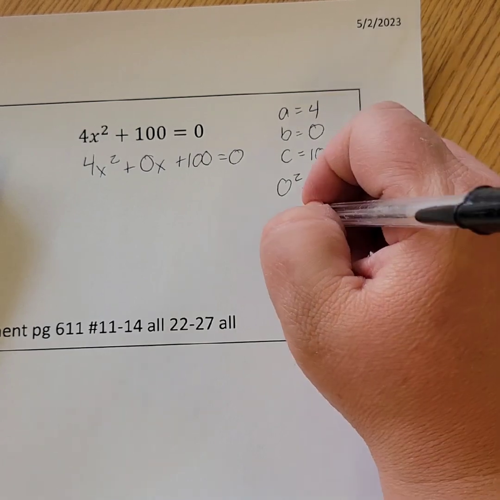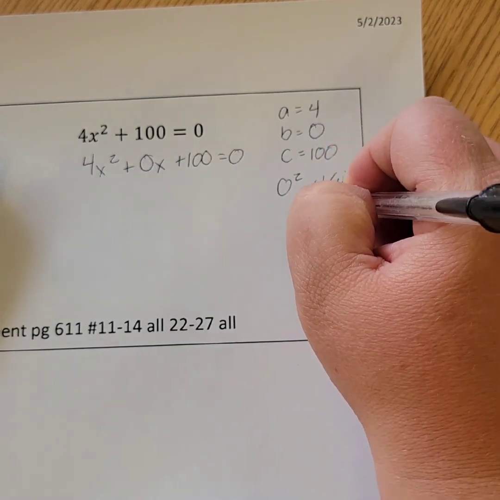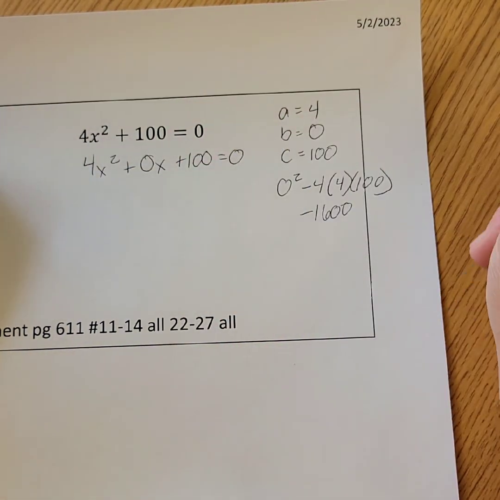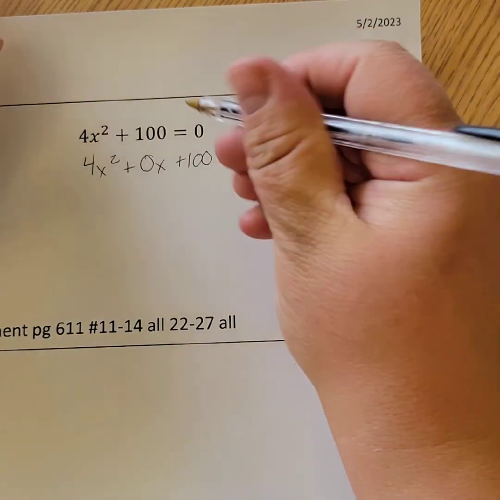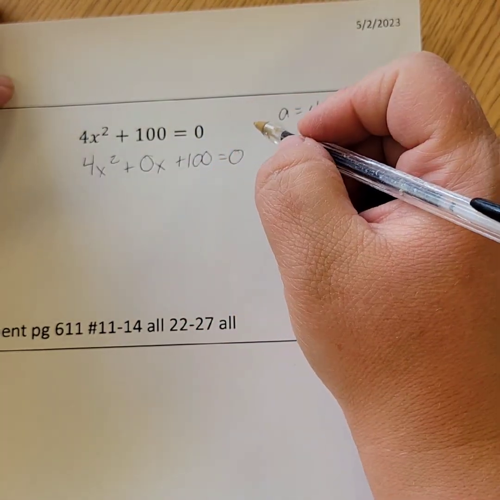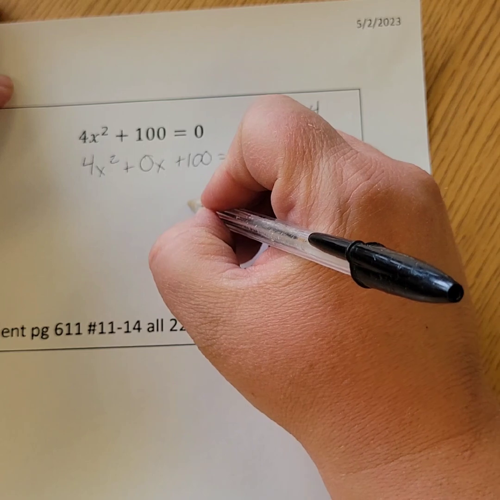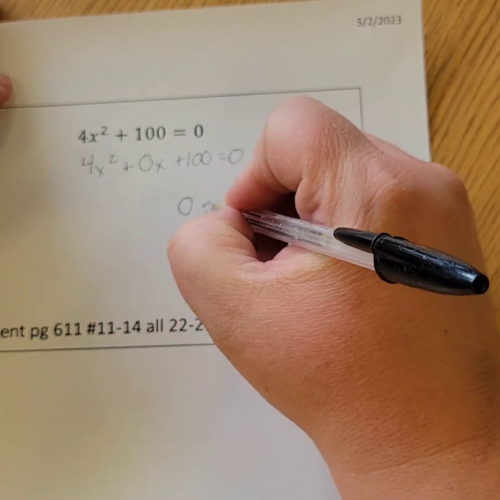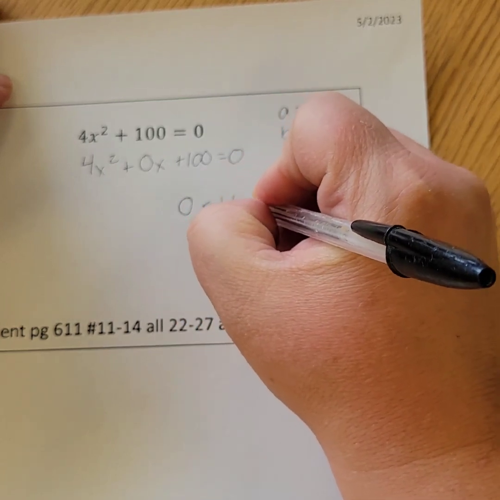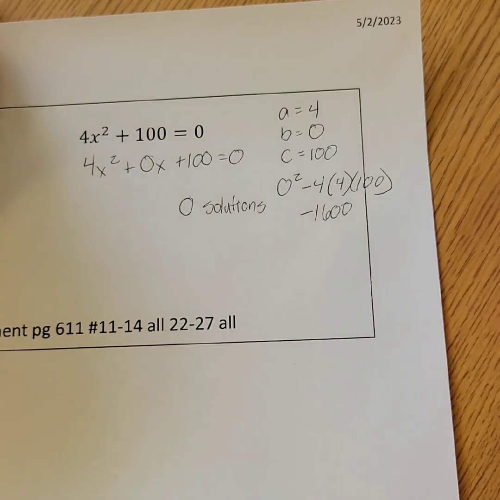So we got negative 1600. So this, again, is going to be a 0 solutions. Because this can't be negative.